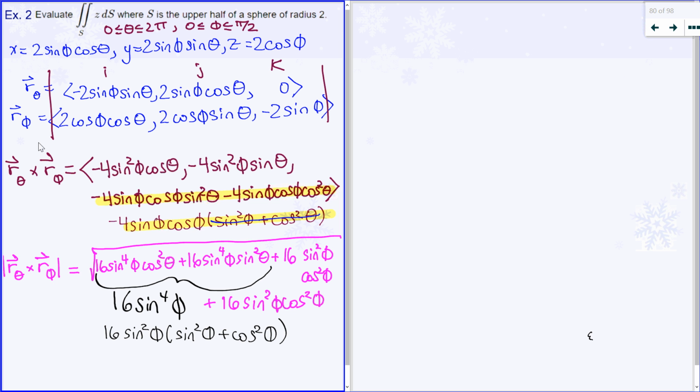Equals the square root of 16 sine squared phi. Yep, so you want just 4 sine phi.